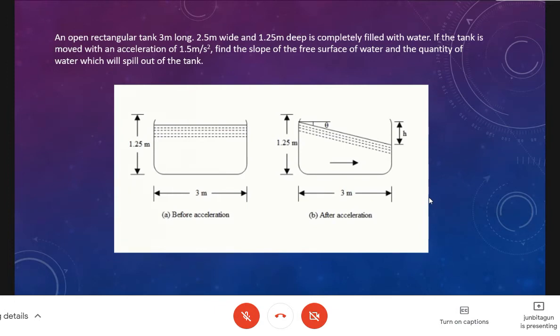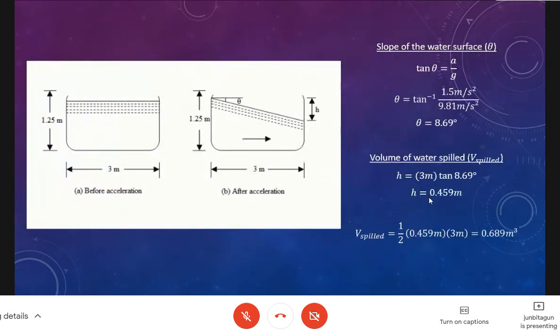Okay, so let's try to solve this one. Slope of the water surface theta, we have here acceleration over gravitational acceleration. So here we can get that the theta is 8.69 degrees. It's just that easy. Then the volume of water spilled is also easy because it was completely filled before. Now that it moves, some parts will be gone.